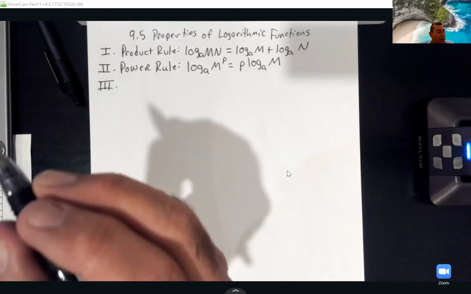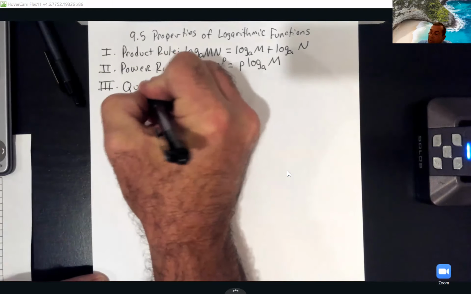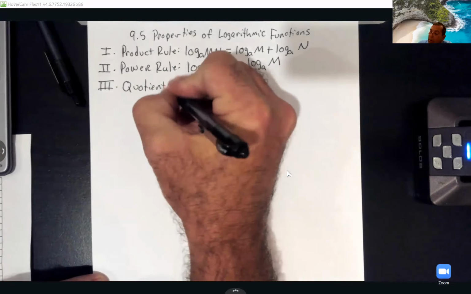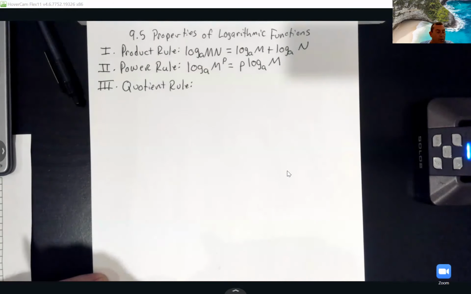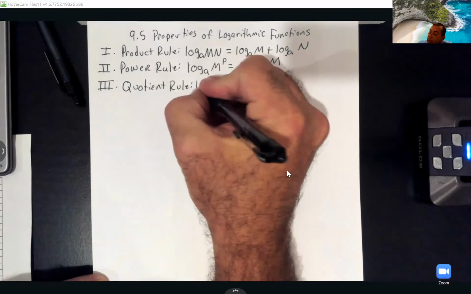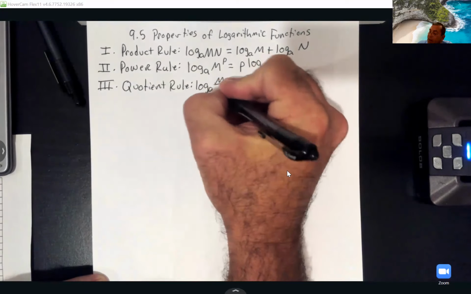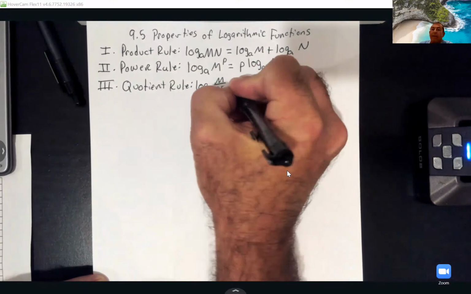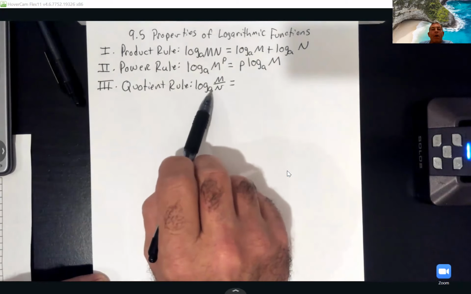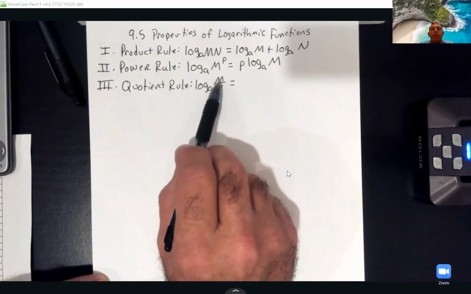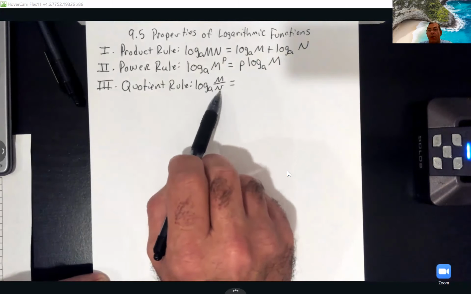All right, so we got the quotient rule. So if I had log base A of M divided by N. All right, y'all, so if I got the log of a quotient, I rewrite this as a difference of the logs.